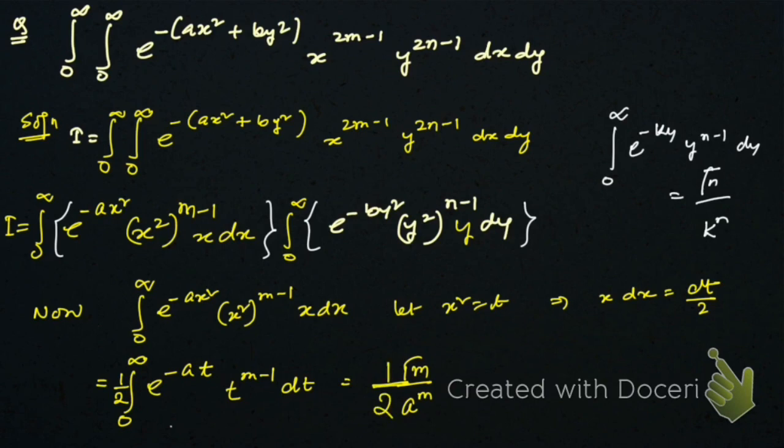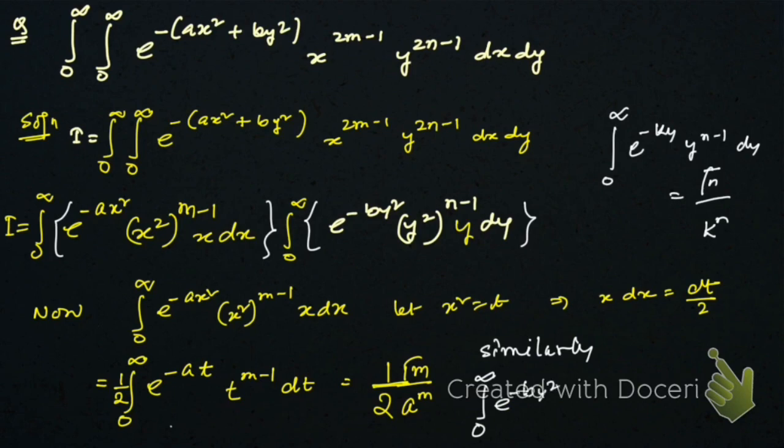So similarly, if you consider that y square is equal to t or something else, then you can evaluate 0 to infinity e to the power minus b y square.